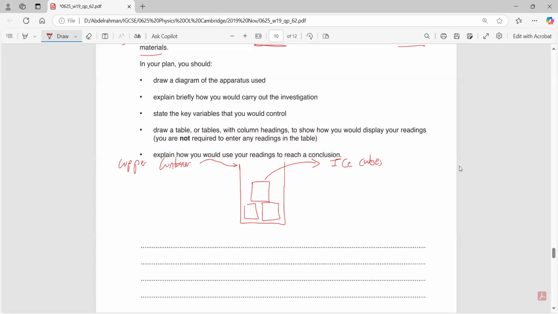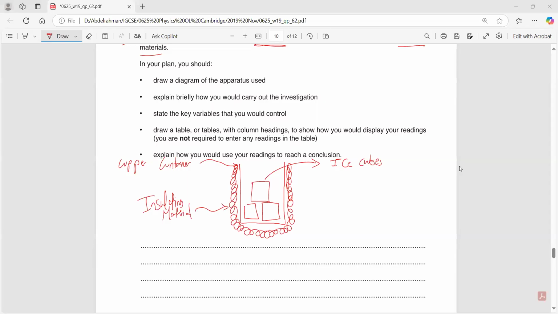You need to just wrap it with the different insulating materials. So I'll put the insulating material all around the container. Have the insulating material all around the copper container.